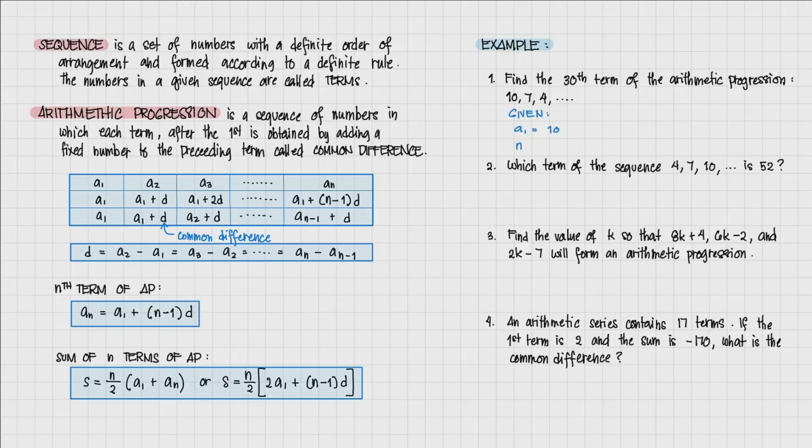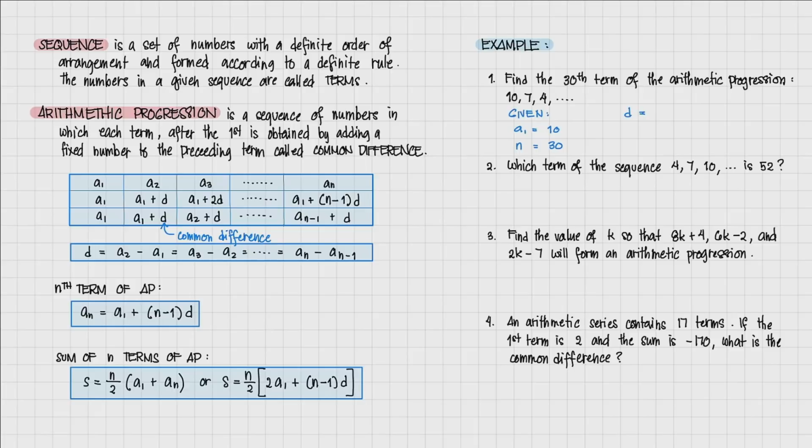And we're interested in the 30th term, right? So from our given, we have A1, we have N, but we don't have D. So first, let's solve for D.